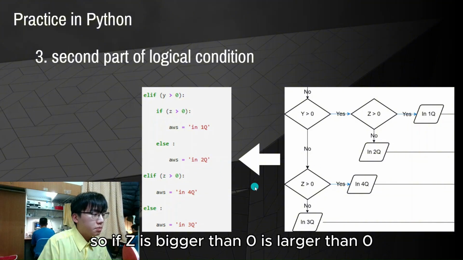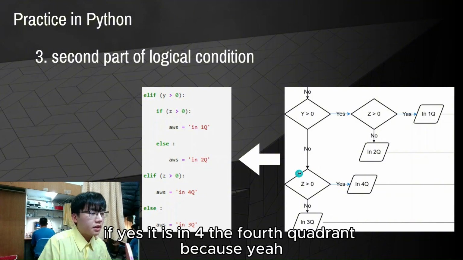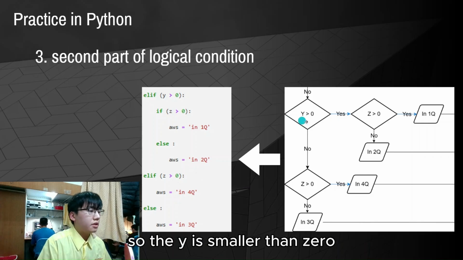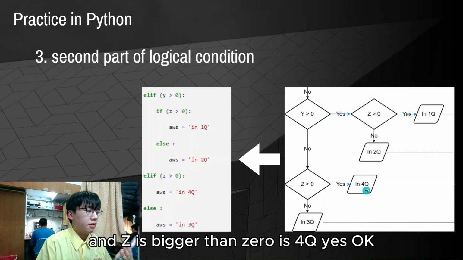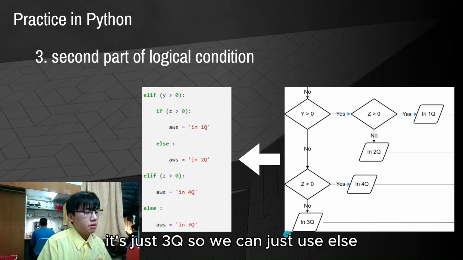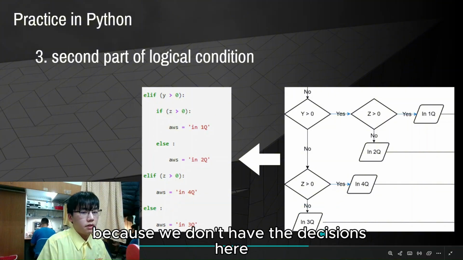So if z is bigger than 0, if yes, it is in the fourth quadrant, because the y is smaller than 0 and it is not 0, right? So y smaller than 0 and z bigger than 0 is 4Q. Yes. Okay, so if no, it's just 3Q, so we can just use else because we don't have decisions here.